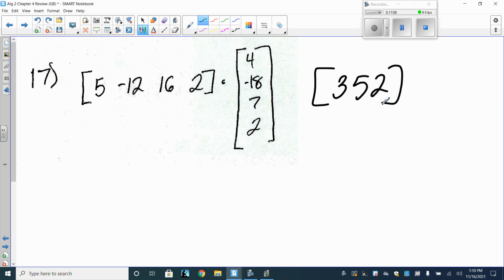I did have a few questions on that one. I don't know why I had that awkward little space between the 5 and 2, but I went and fixed it in the answer key, or the master copy, so it won't show up again. But 17, 18, 19, and 20 are essentially the same thing as what we just did.